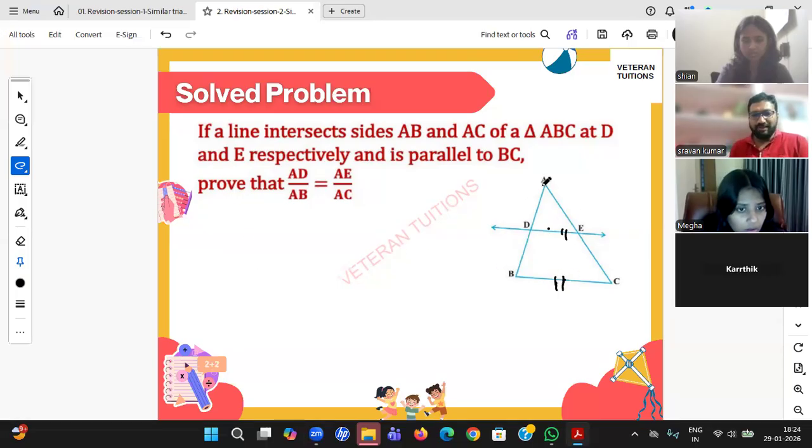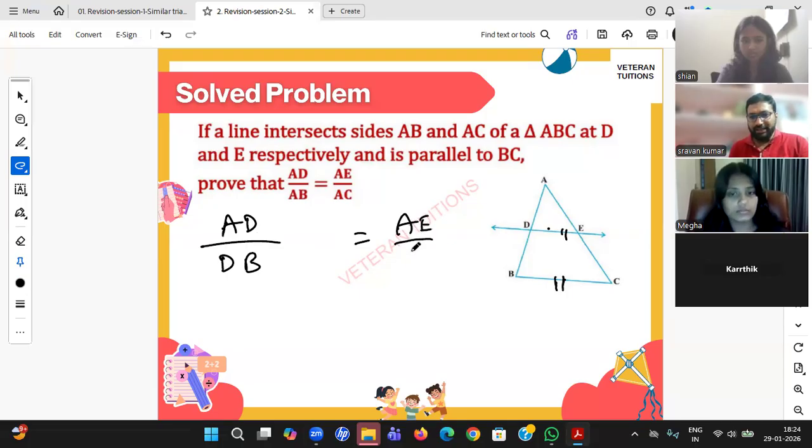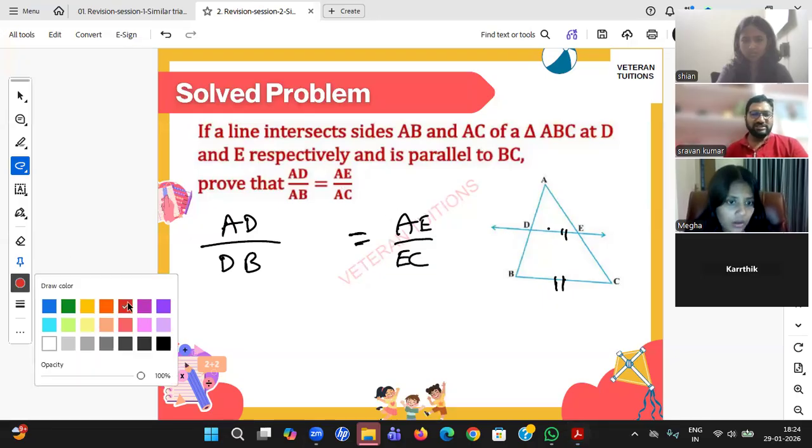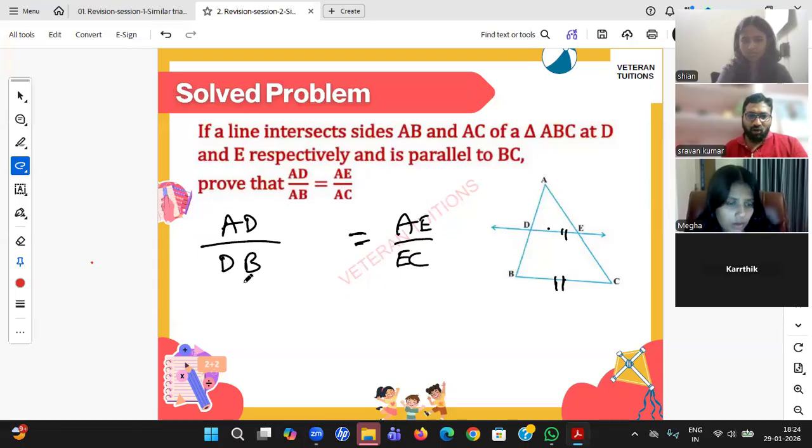So what is BPT? Starting from the common vertex, AD by DB equal to AE by EC. First of all, read the question, and whenever you see it like this, you know that you need to apply BPT. Now, as I said, always start from the common vertex for BPT for this reason. When I check what I have with BPT and what he's asking, they are matching in the numerator.